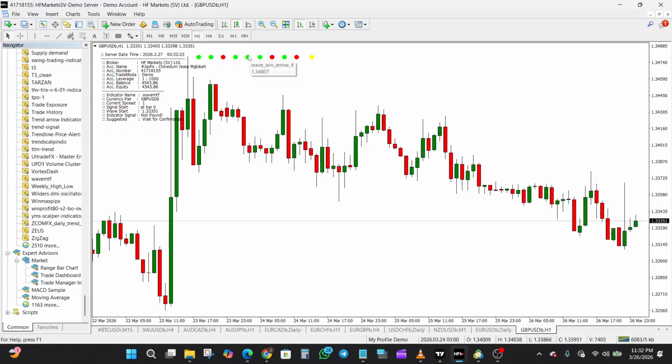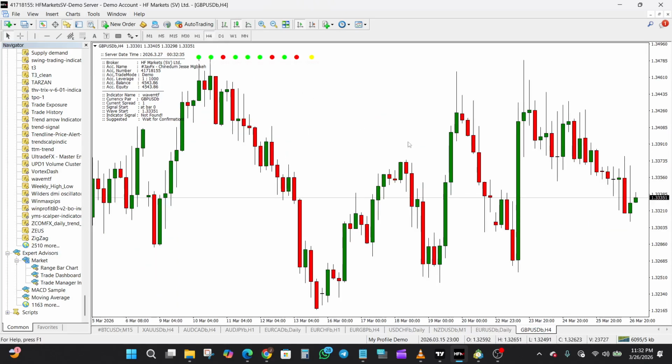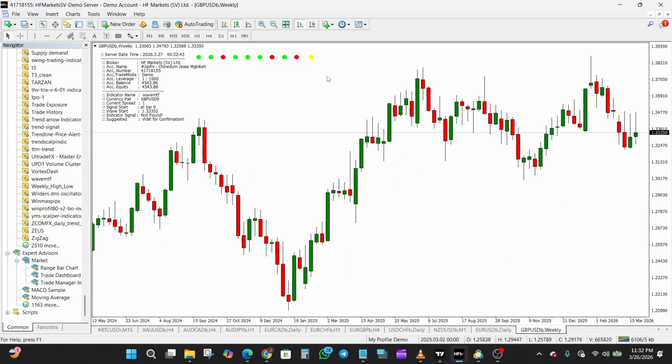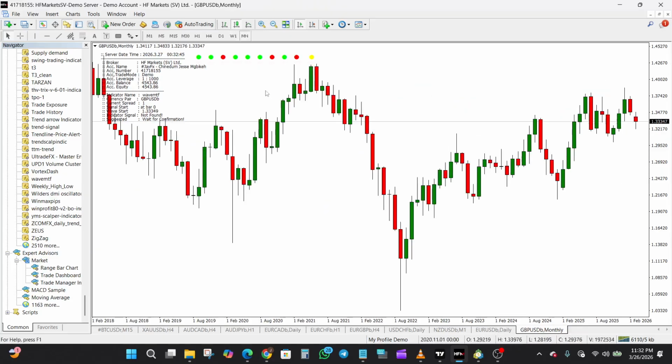We are being bullish on the 1 hour. 1, 2, 3, 4, 5. This should be the sixth. So we're also being bullish on the 4 hours, bearish on the daily, bullish on the weekly, bearish on the monthly, and then this is probably not representing any particular time frame.